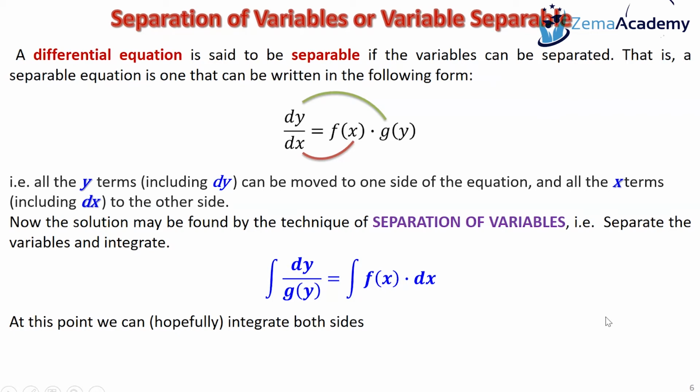So at this point, when you have done the rearranging, that is, you have brought the x and y's separately, y's on left hand side including dy and x and dx on the right hand side, you can integrate both the sides easily if you have managed to do it correctly.